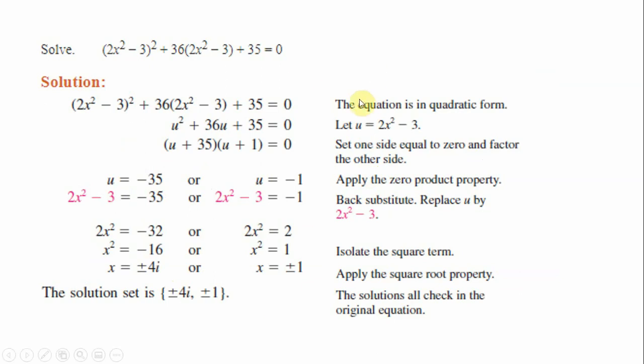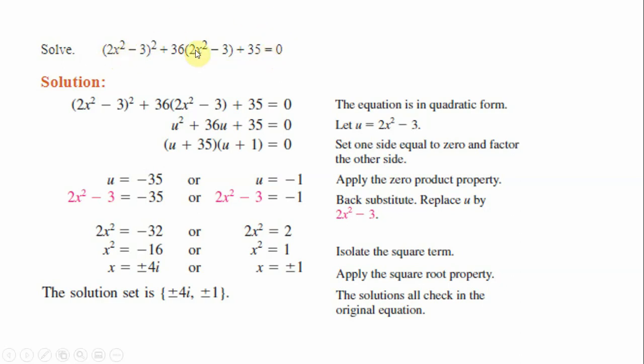So here's a full example of this. So if we have 2x squared minus 3, squared, plus 36 times 2x squared minus 3, plus 35. If I squared this thing out, I'm going to have what? 4x to the fourth, and it's just going to be too hard or too complex to look at.